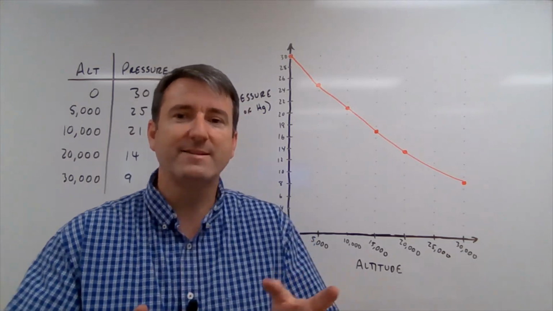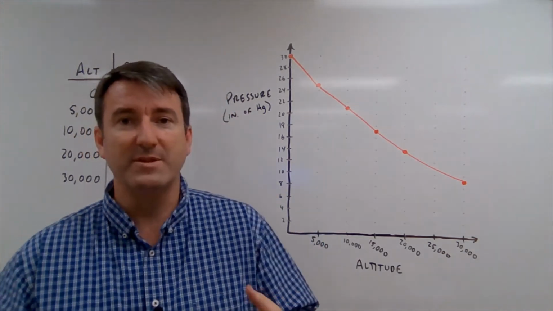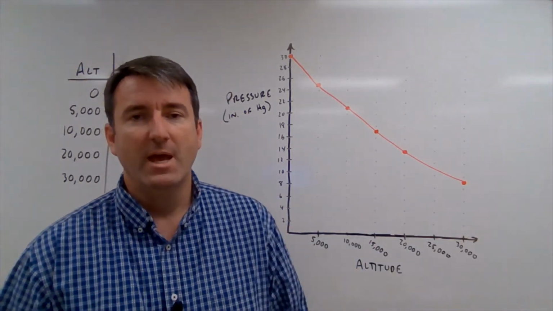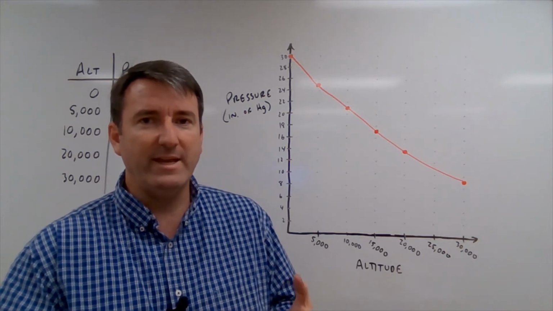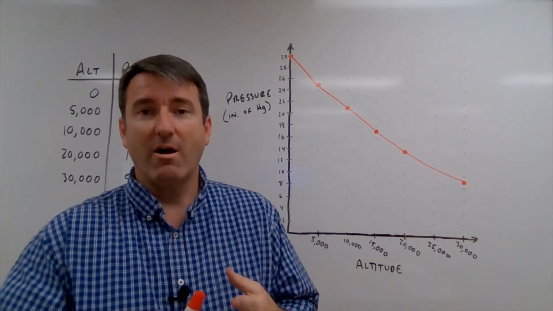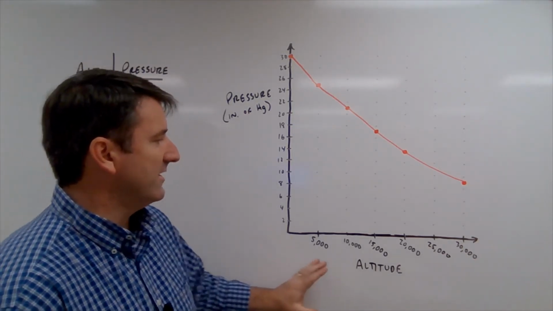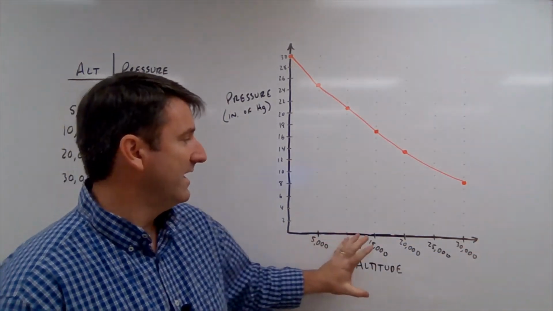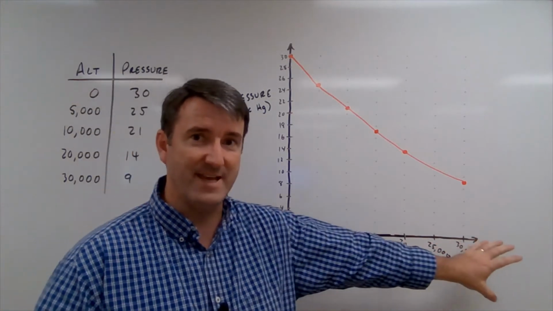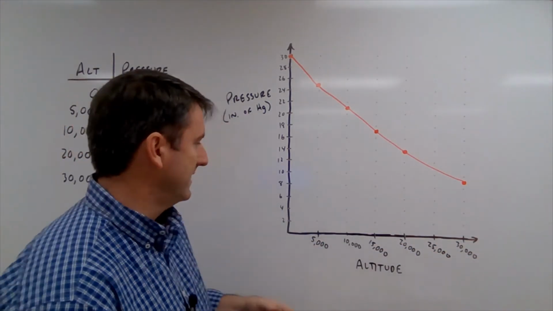All right, the last thing we're asked to do in this example is to describe the domain and range of this function. So remember, with the domain and range, we're looking for values that make sense and are of interest to us. So as far as the altitude, that's our independent variable. So the domain is going to be the set of altitudes that make sense and are of interest to us.